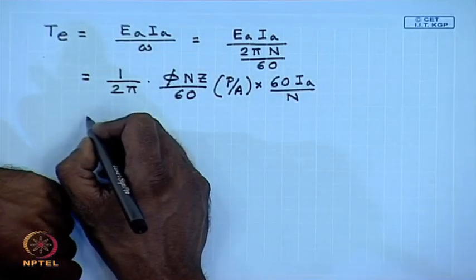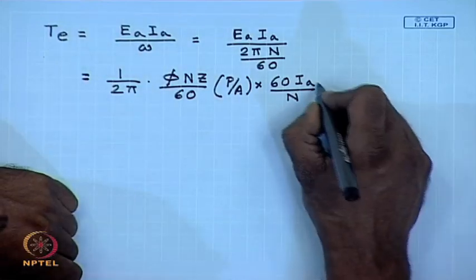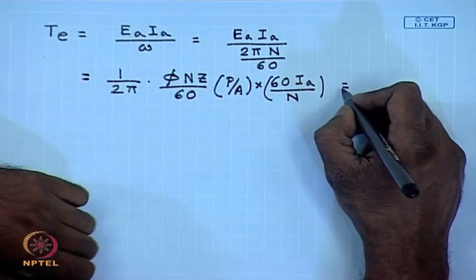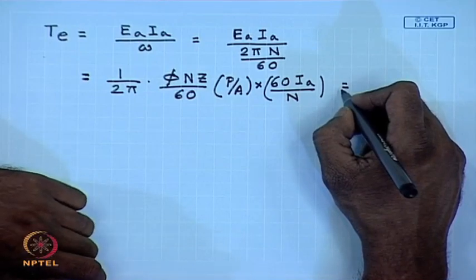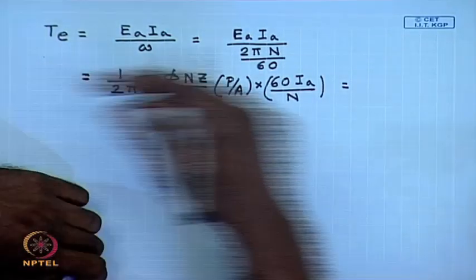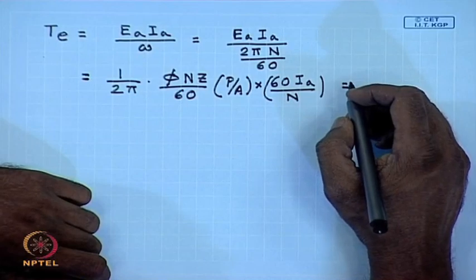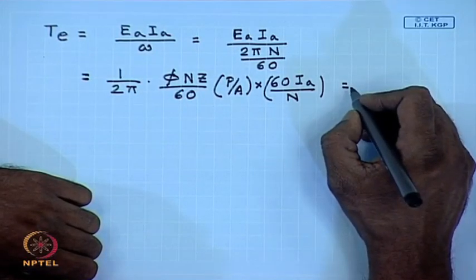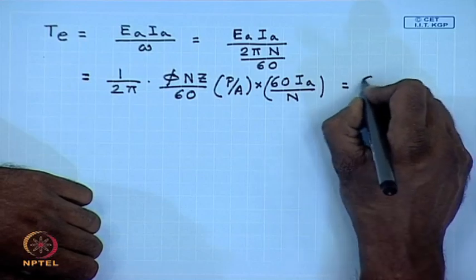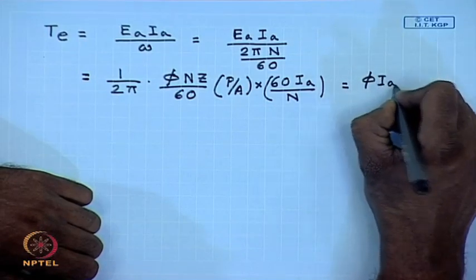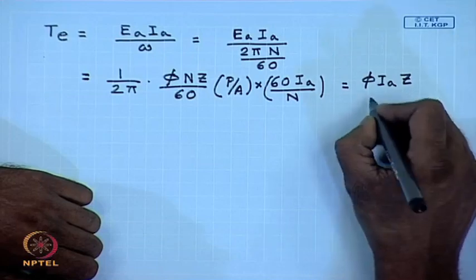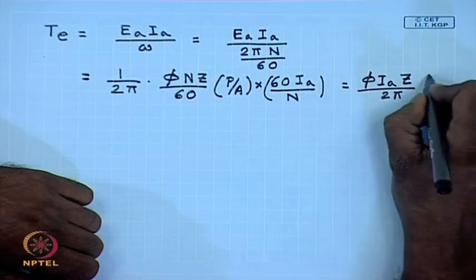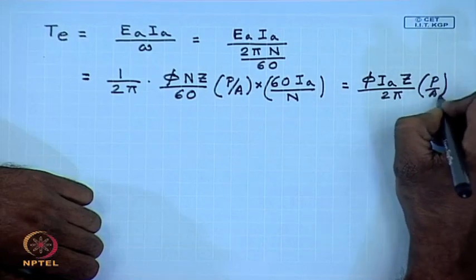This comes to phi IA Z by 2 pi into P by A.